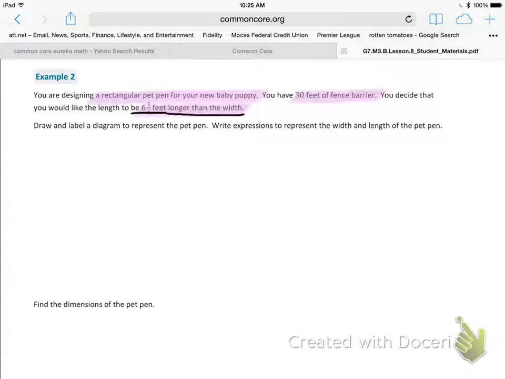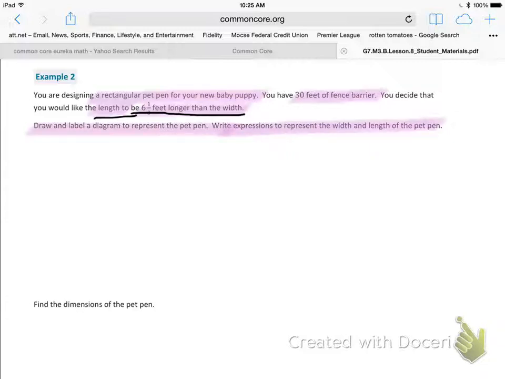Draw and label a diagram to represent the pet pen. Write expressions to represent both the width and the length of the pet pen.